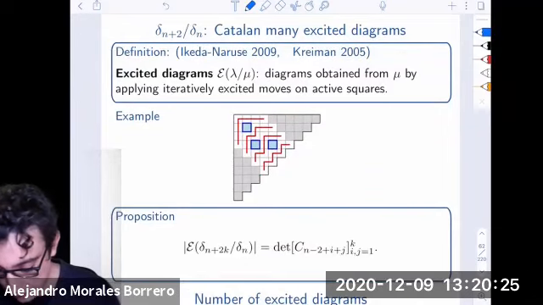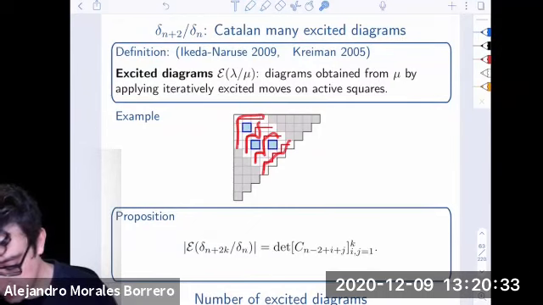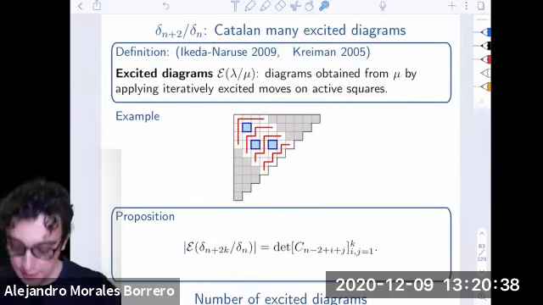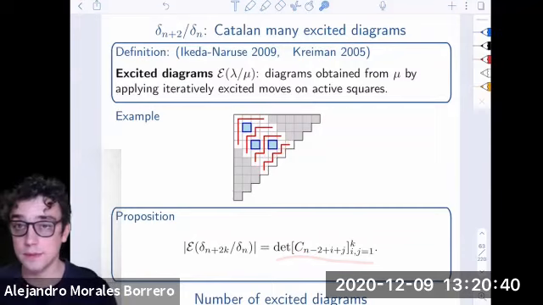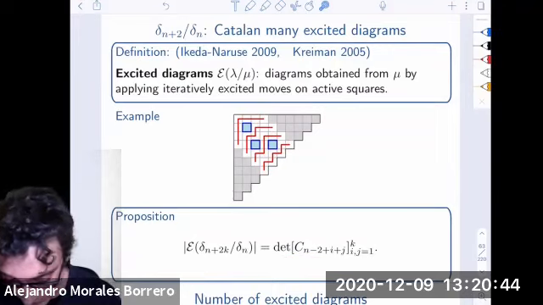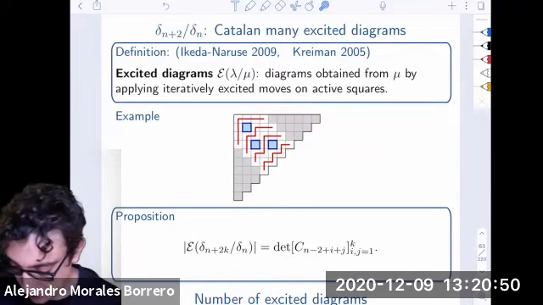If you look at the complement, the excited diagrams in red here are in bijection with tuples of non-crossing Dyck paths. So in this case, the number of excited diagrams for a thick zigzag is a determinant of Catalan numbers. These are just some cases where the number of excited diagrams is nice.